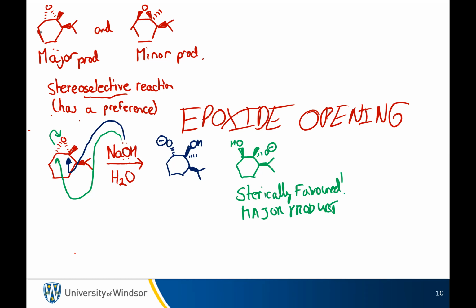Does that help? Okay, I'm just trying to clarify myself with 2S and 3S and so on. Yeah, exactly. Dashed means going away from your view. So over here we have a dashed to the epoxide. That means the epoxide is behind the plane of my screen, whereas we have a wedge to this methyl group.